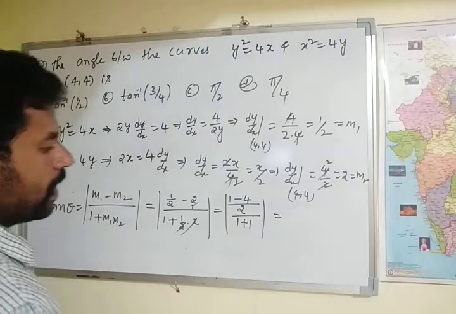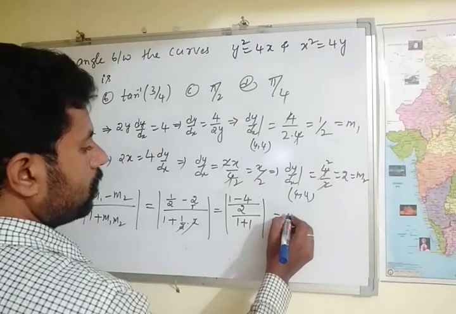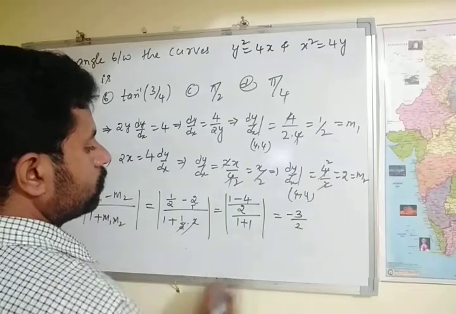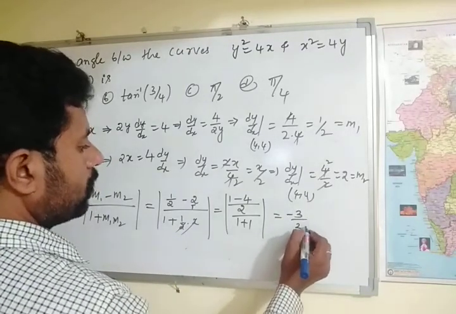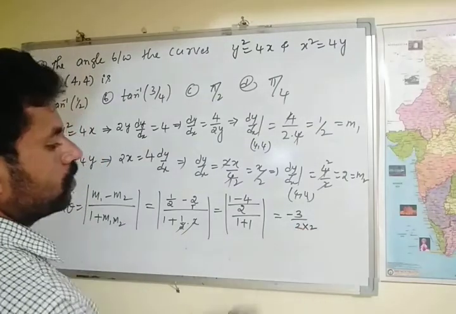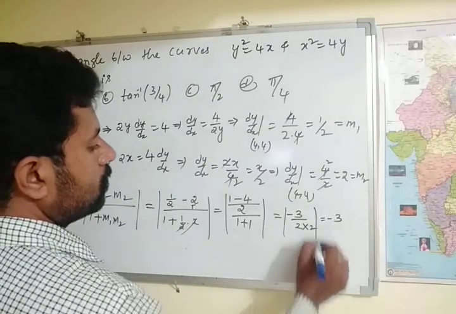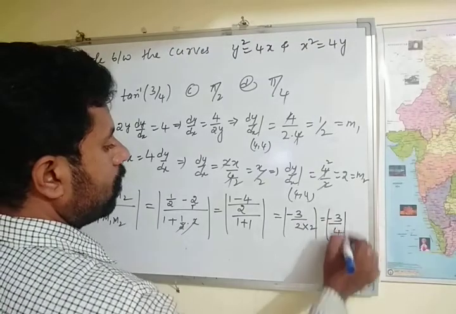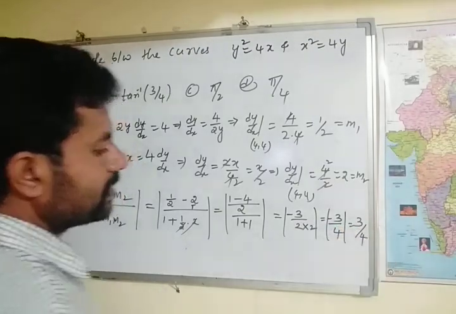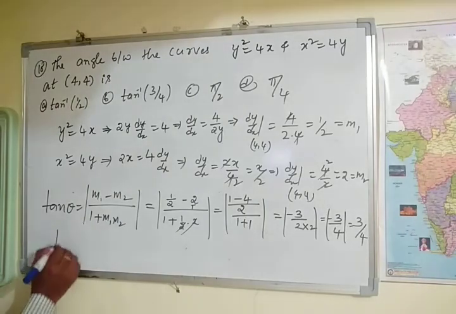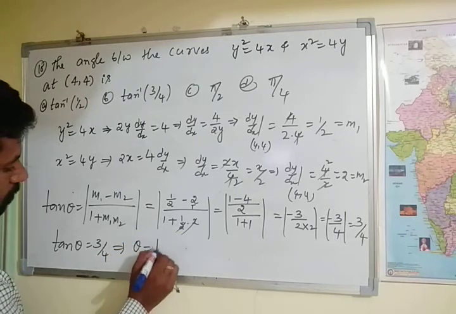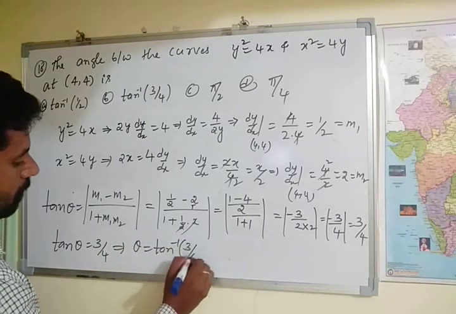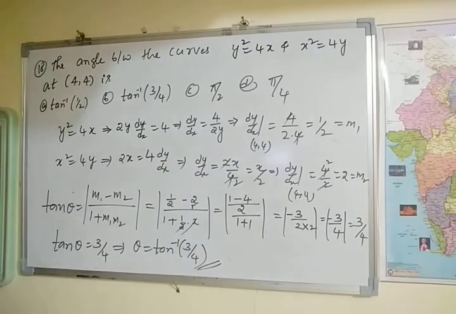See here, 1 minus 4 is minus 3 divided by 2, divided by 2. This result is minus 3 divided by 4, and the modulus is 3 by 4. So tan theta is equal to 3 by 4. This implies theta is equal to tan inverse of 3 by 4. This is the required solution, so option B is correct.